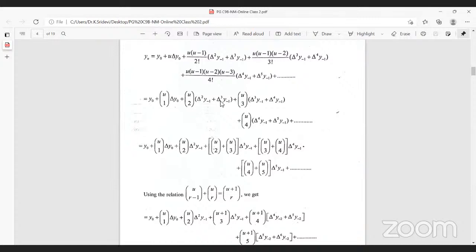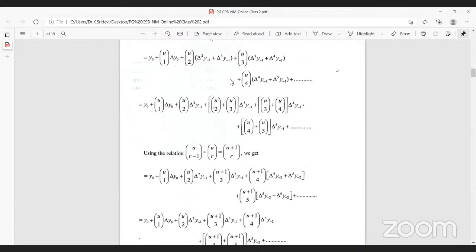If you take it common from this term and this term, you get delta cube y minus 1 into U2 plus U3, like this. Next, go to the third term and fourth term and take common delta power 4 y minus 1 from both. Then you have U3 plus U4 into delta power 4 y minus 1 plus and so on. You can follow the same.